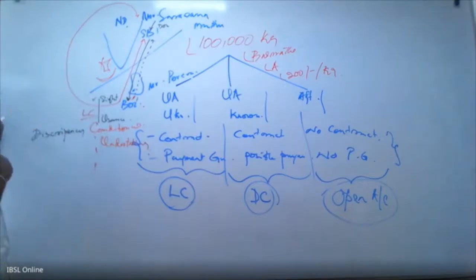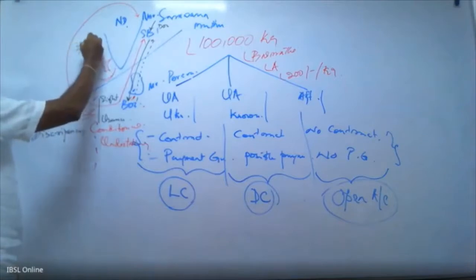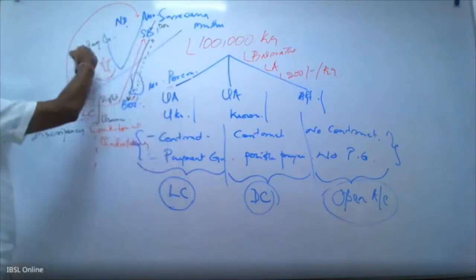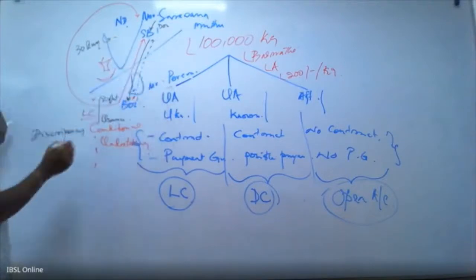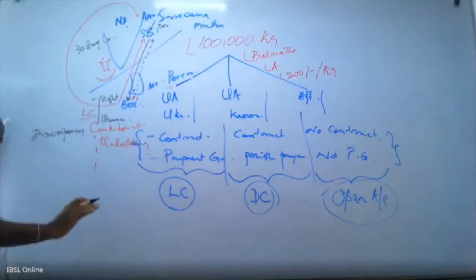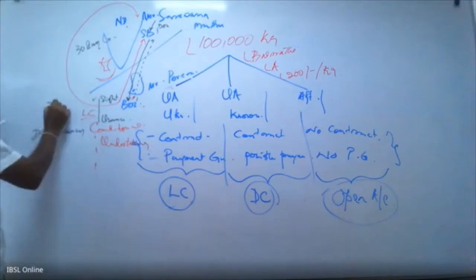Usance LC means Mr. Pereira gives 30 days credit, or rather Mr. Saravanamuthu gives 30 days credit to Mr. Pereira. So what we will do, we will go through the documents, we will check the documents. If the documents are in order, we will ask Mr. Pereira to sign a bill of exchange.